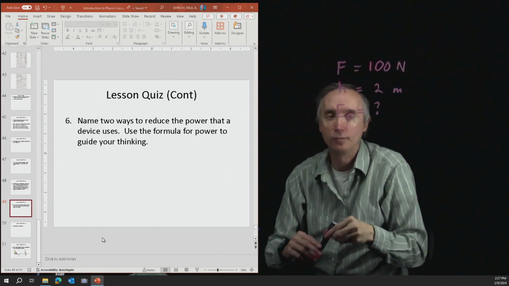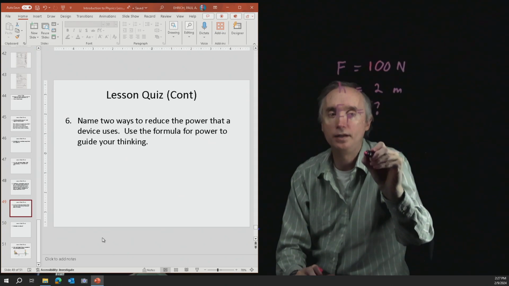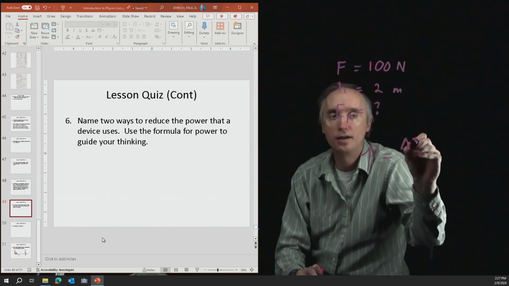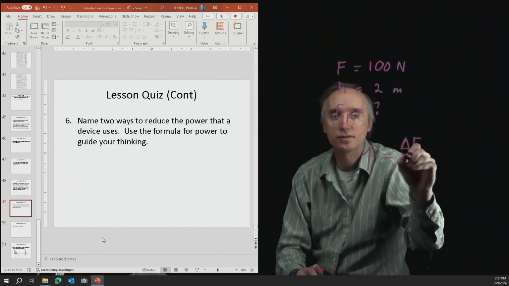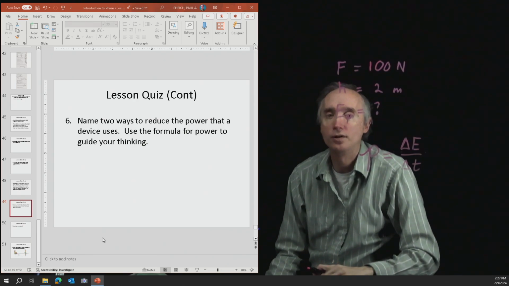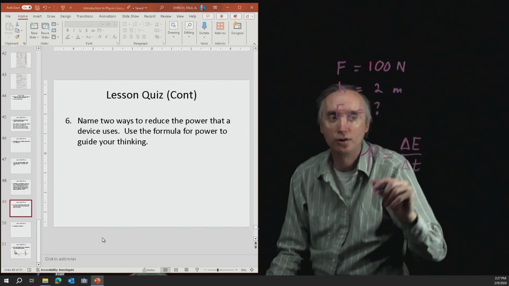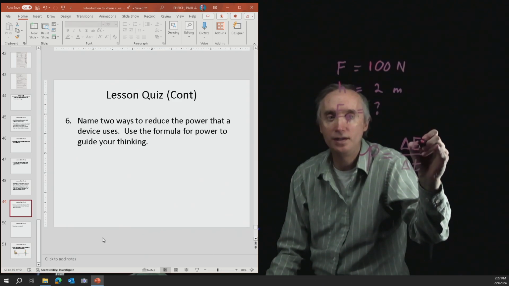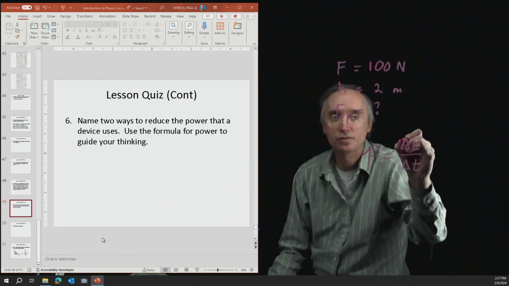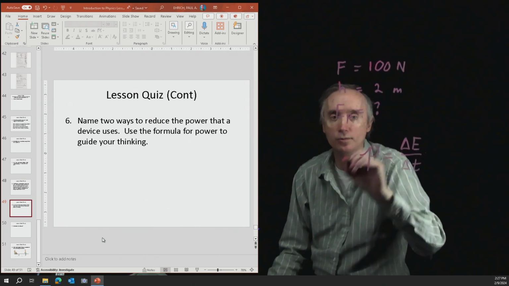The formula for power is P equals E, the energy that you put into the system, divided by the amount of time t. So if you want to reduce the power, you could reduce the E somehow. So if you made the E smaller, then the P would be smaller.